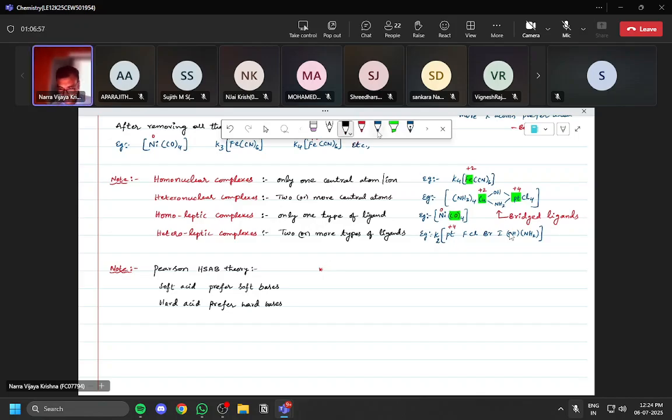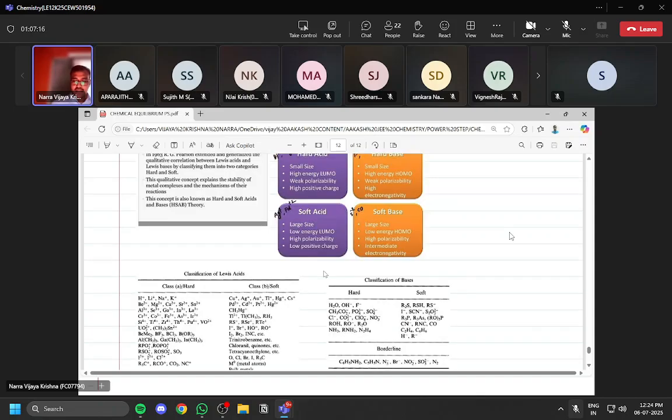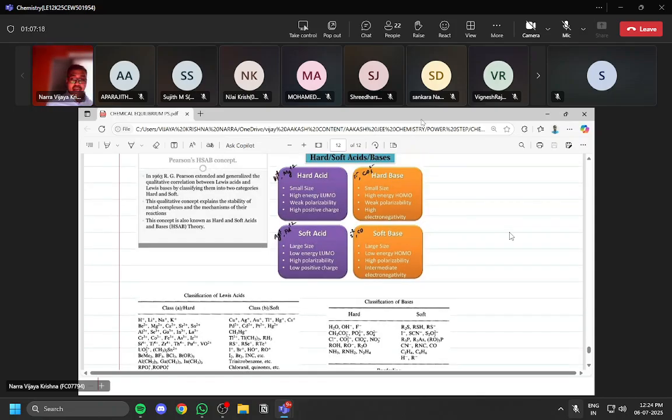Now here I am writing hard acids. What are hard acids? Just now we have seen the conditions for hard acids. High energy LUMO, better I will do it.